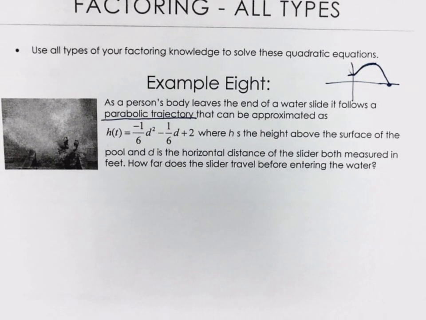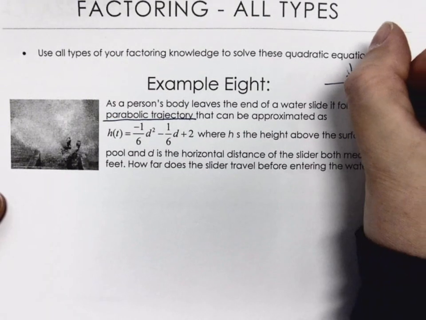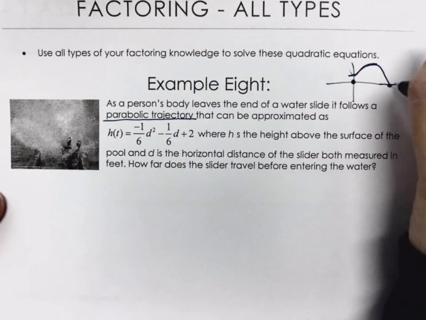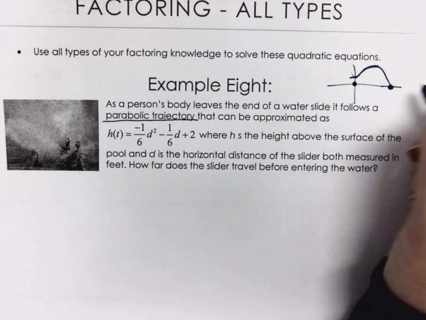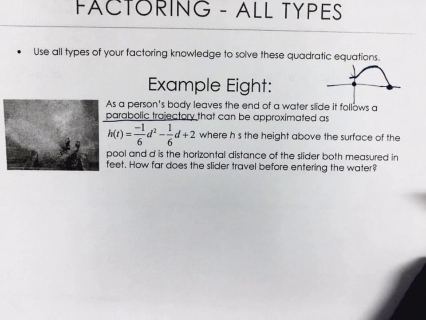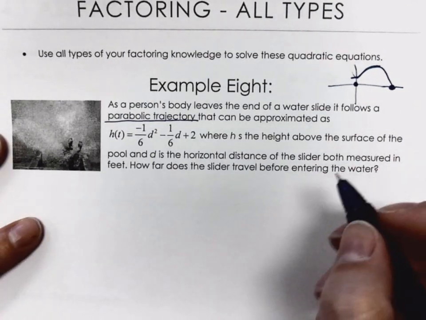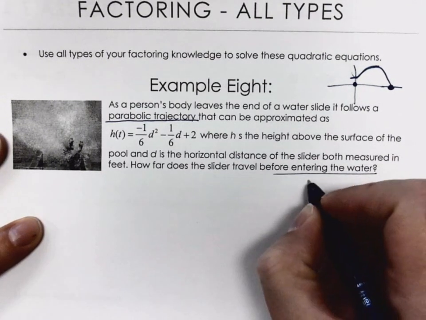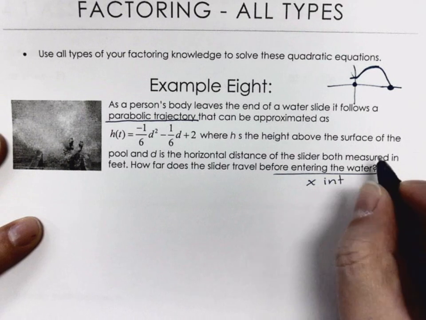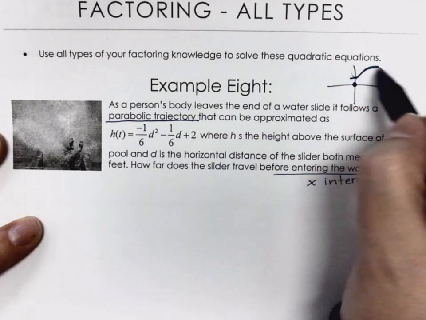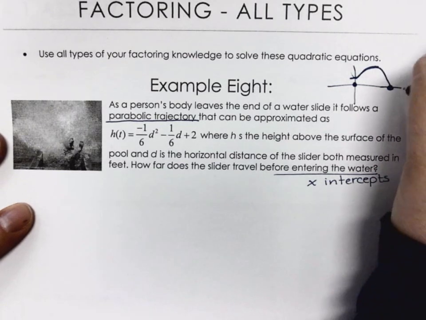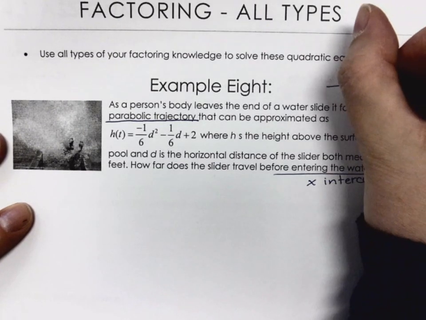And it's asking how far does the slider travel before entering the water? So if their journey started here, how far did we go? So we have to find, it's talking about the x-intercepts. Because we want to know when it comes back down. So this would be distance and this would be height.